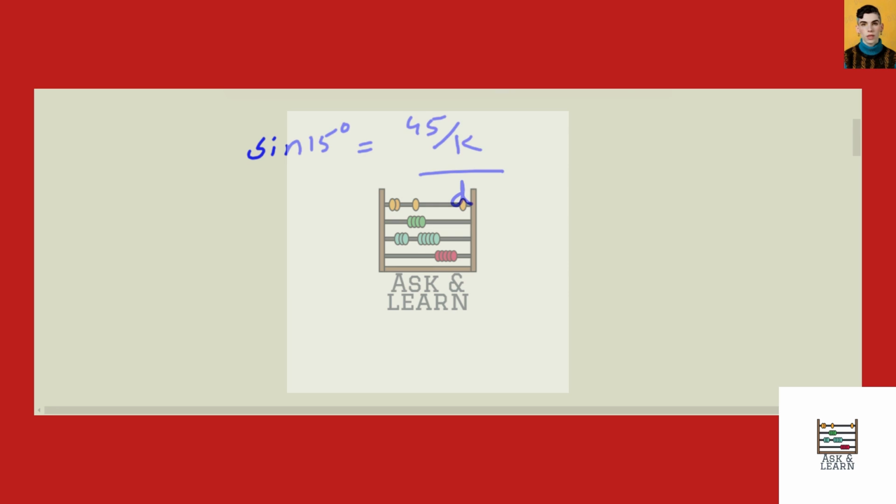And we have found that d is 1.5 meters. After simplification, we have found this k here. So this k is equal to 116 Newtons per meter. And this is the answer to this problem.